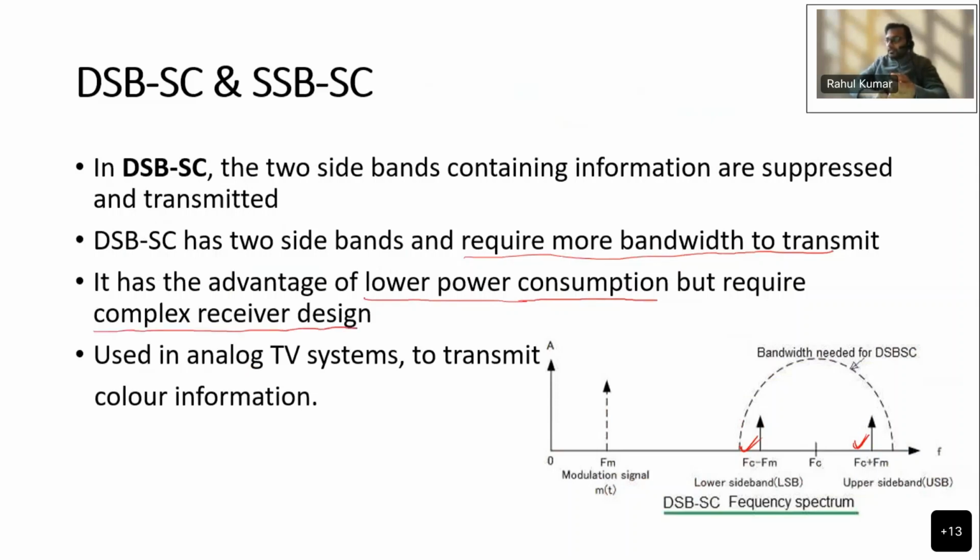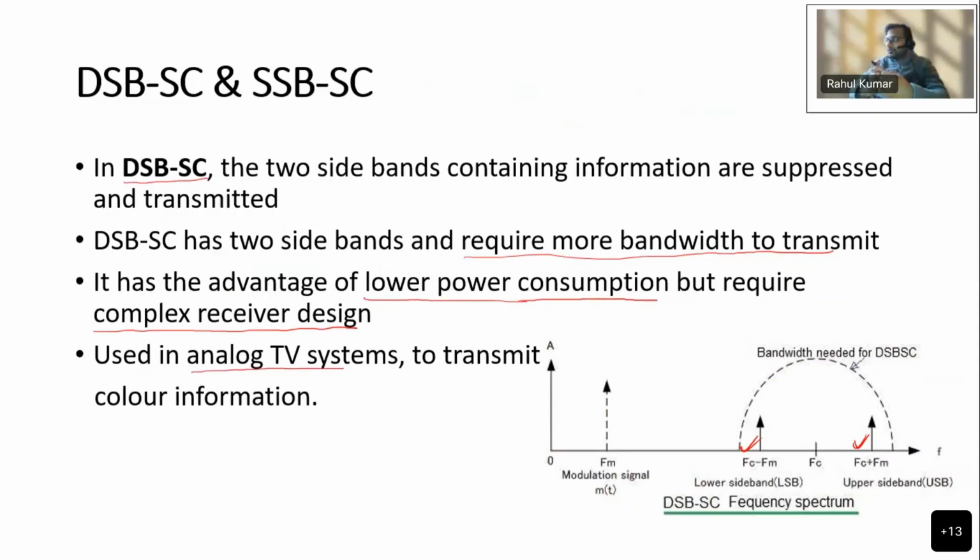So although this DSB-SC transmitter and receiver require low power for operation, their design is quite complex. And they are generally used for transmitting analog television signals.